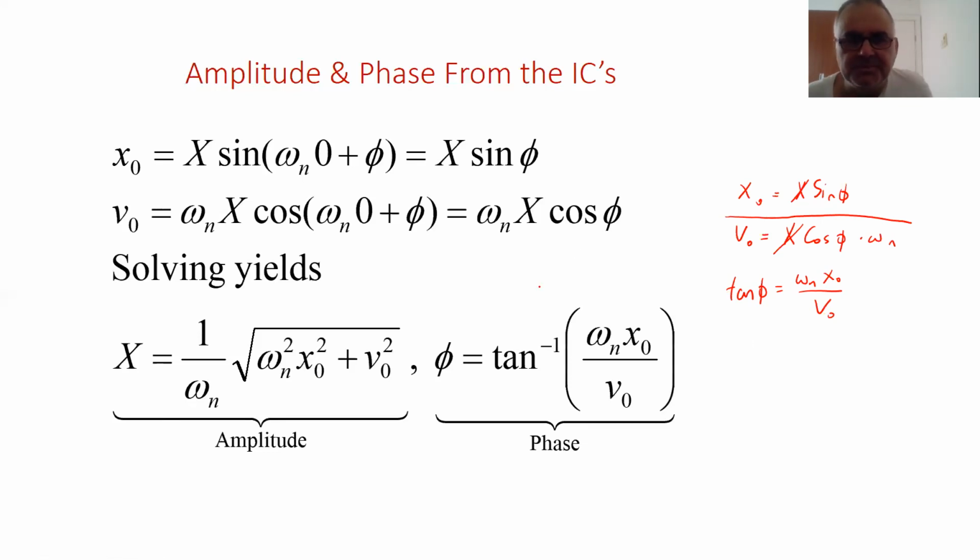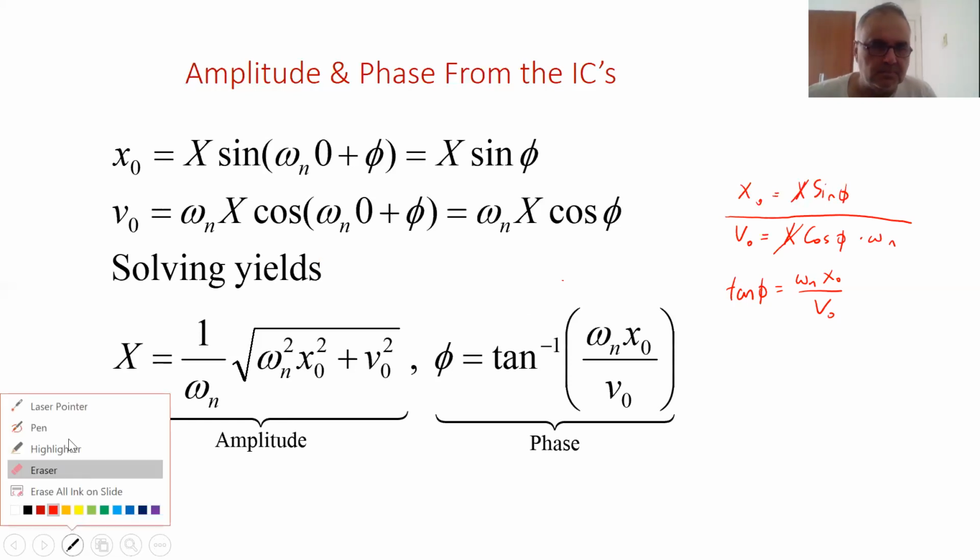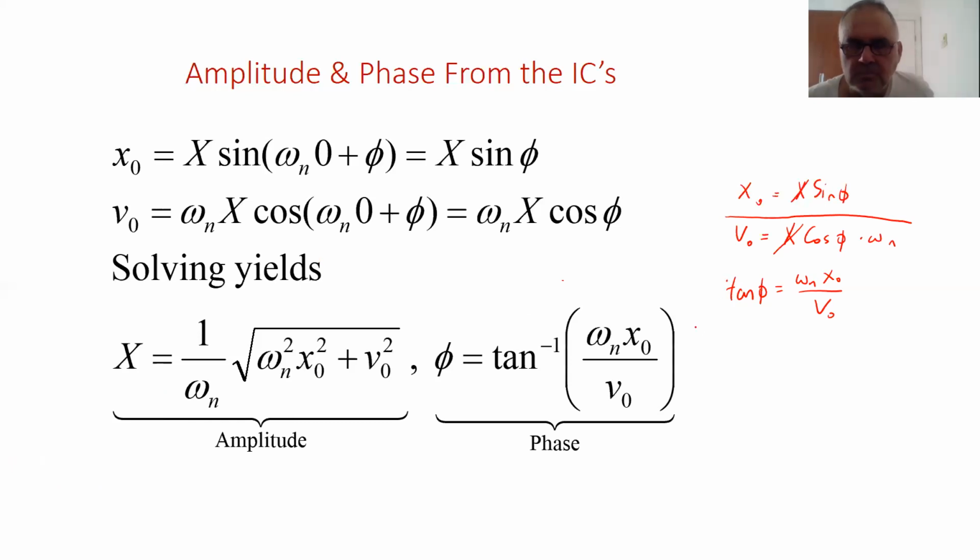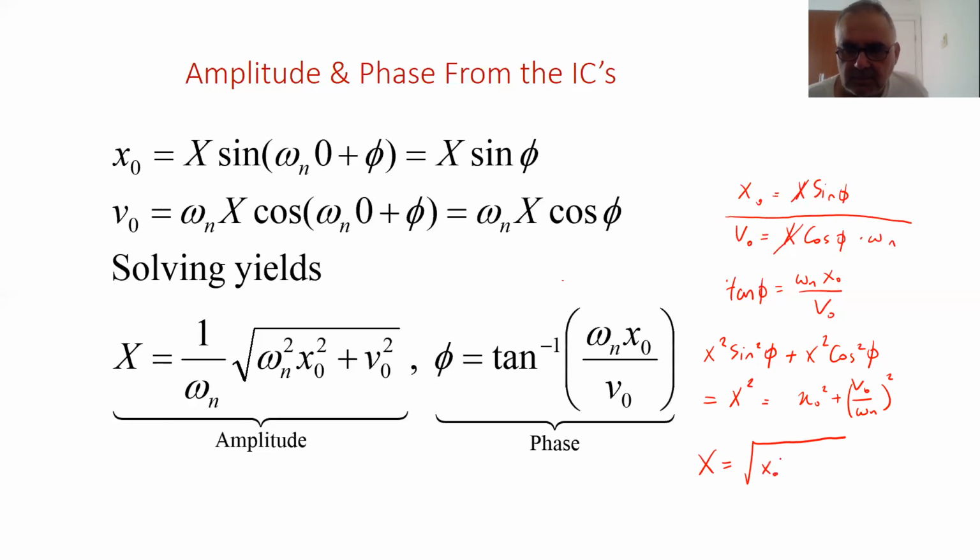So we take, for example, X sine phi squared, plus X squared cosine squared phi, which becomes, as you know, X squared equal to x0 squared plus (v0 over omega n) squared, from which X is equal to the square root of this: x0 squared plus (v0 over omega n) squared.